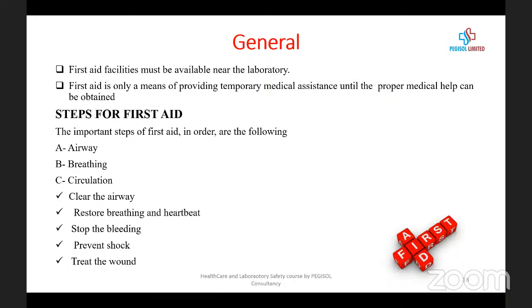So this is the ABC: airway, breathing, and circulation. If there are issues with an individual, the first action should be targeted toward the airway. Next should be targeting the breathing and circulation: clear the airway, restore breathing and heartbeat, stop the bleeding, prevent shock, treat wounds, and so on.